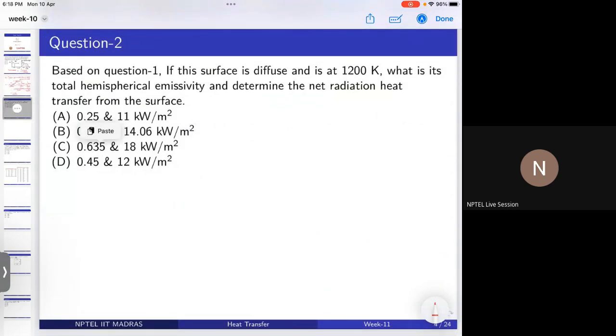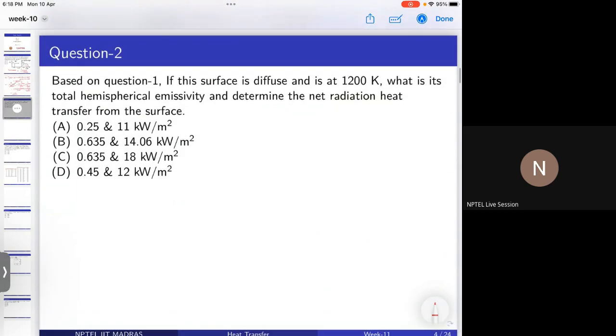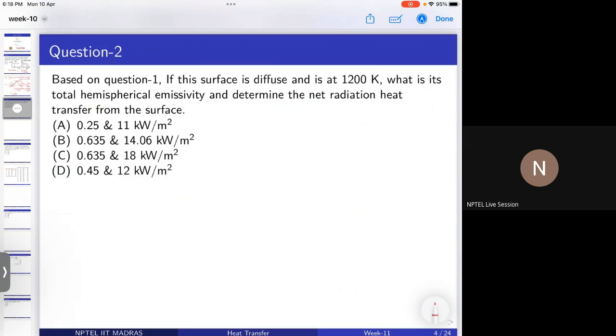So this is also a continuation of the first part. If the surface is diffuse and it is at 1200 Kelvin, what is its total hemispherical emissivity, and determine the net radiation heat transfer from the surface.